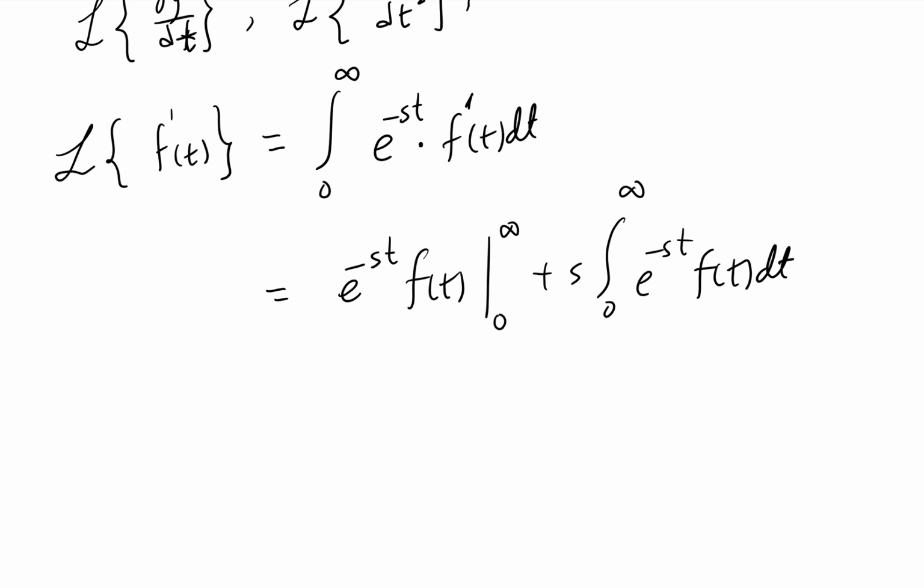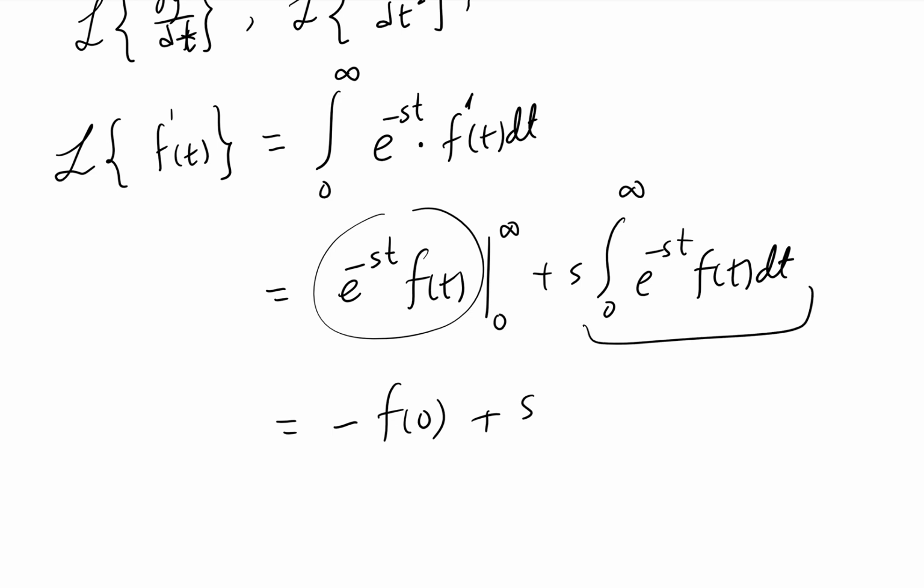Plus s times the integral from 0 to infinity of e^(-st) f of t dt. And if you do this again, evaluate at infinity. So e to the negative infinity is 0, so this is going to go to 0 as t approaches infinity. And so it's that minus e to the 0, which is 1, times f of 0. And the last one is s times the Laplace of f of t.